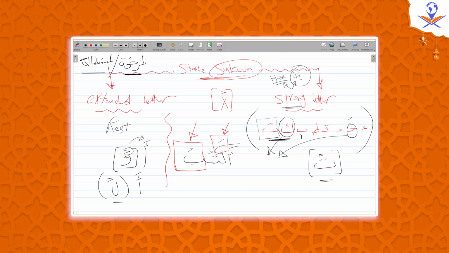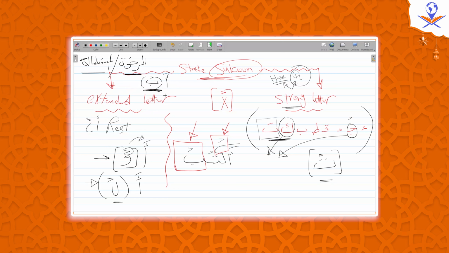By the way, if you try to extend ba, let's say ba is from the extended letters, is that correct? How do we know? You just put the letter in the sukun state, then try to extend it. It can't be done. But we can do aw, al. Any letter, like ayn, is hard, but you can extend it.